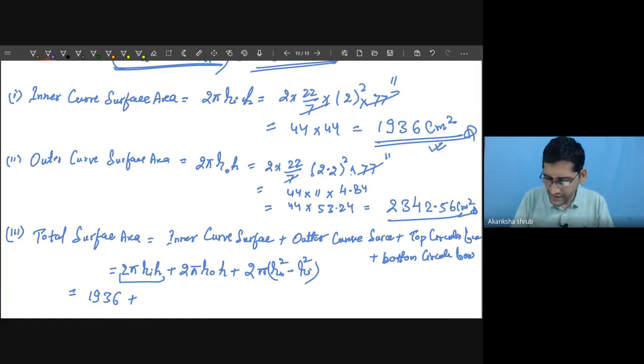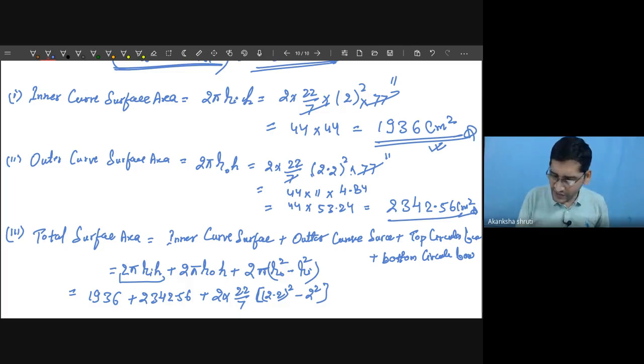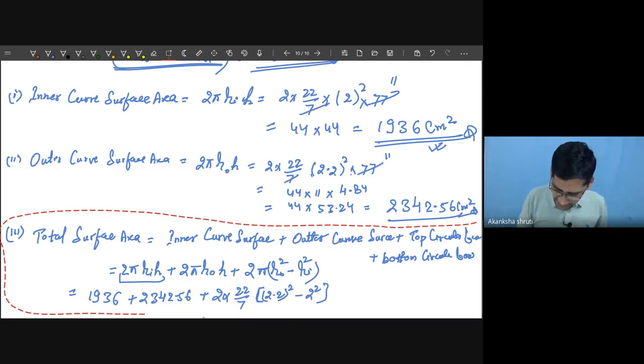The second one, the same calculation, is our 2342.56, and twice pi is 22 by 7, times 2.2 square minus 2 square, but these have to be kept within one bracket. So this calculation we have to do, and you have to keep patience in it.